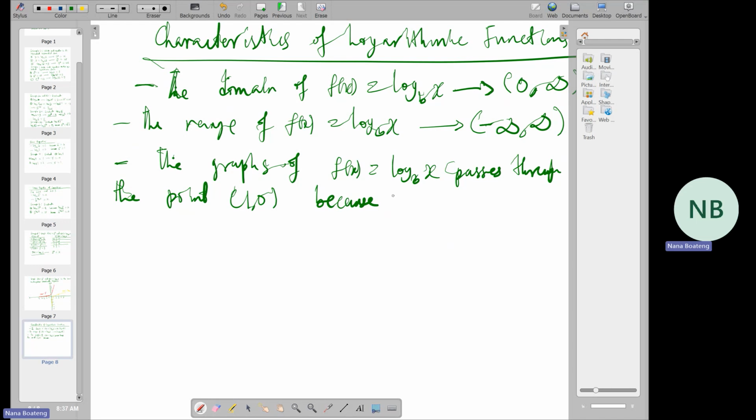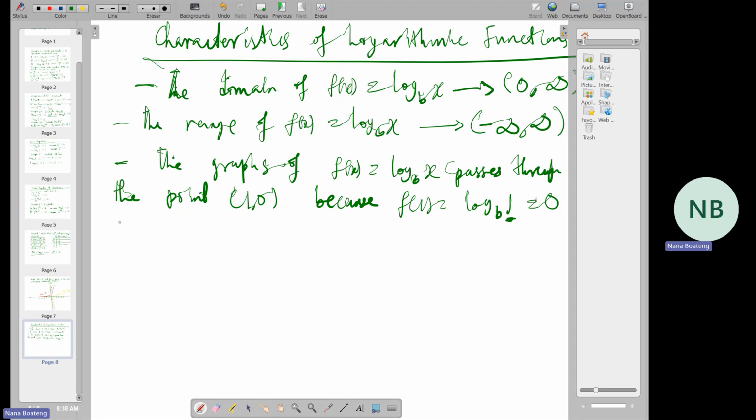We learned from the properties of logs that log to any base of 1 is 0. So this is so because f of 1 is equal to log to the base b of 1, which is equal to 0. Regardless of the base, log of 1 equals 0.